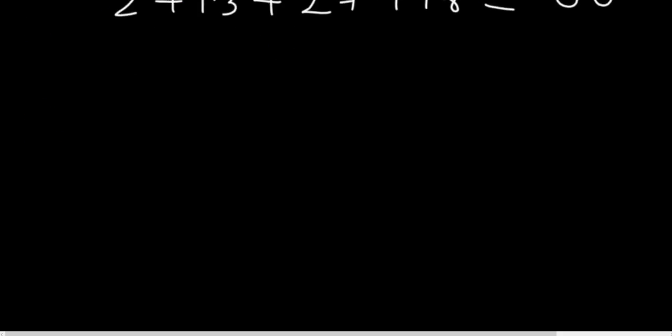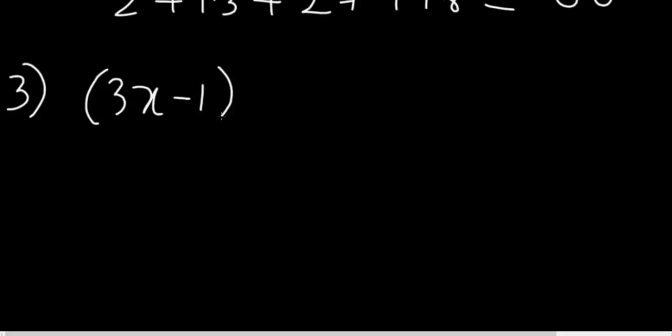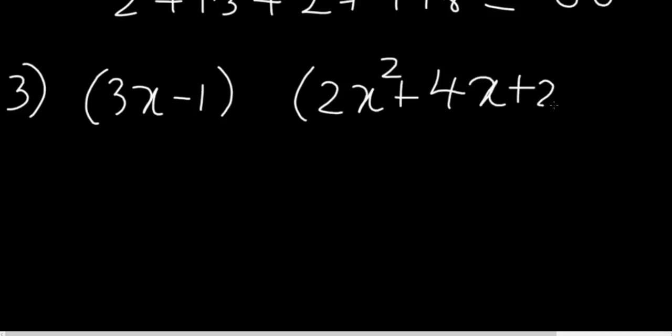Now let's see one more example. (3x - 1) times (2x squared + 4x + 2). Here again, the first term, you multiply with the first term. 3x times 2x squared will be 6x cubed.